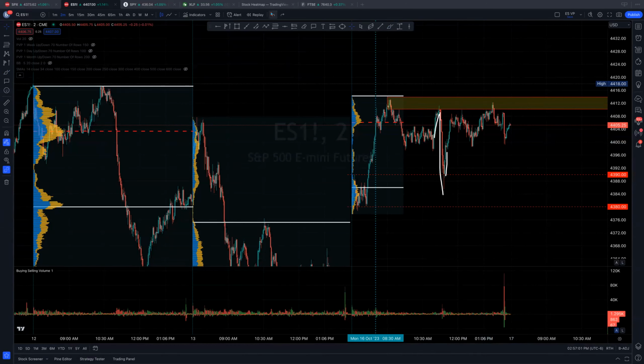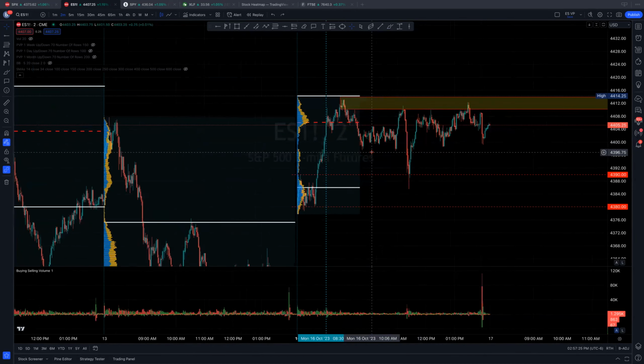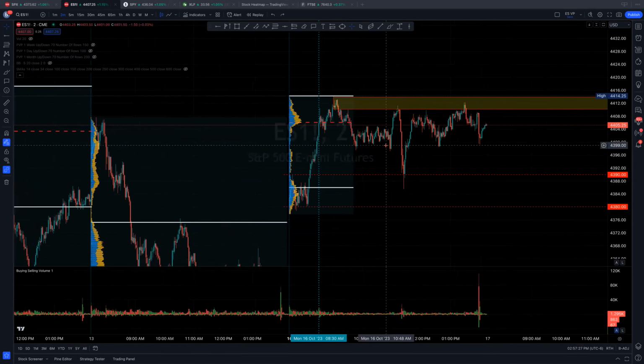But what we do know is that we have a lot of trading going on up here. And we need to focus on what we can see and what we know based on what the volume profiles tell us, and not what they're not showing us. So if they're not showing us value being traded here, there's a high possibility that trading longs from this area could be potentially risky.